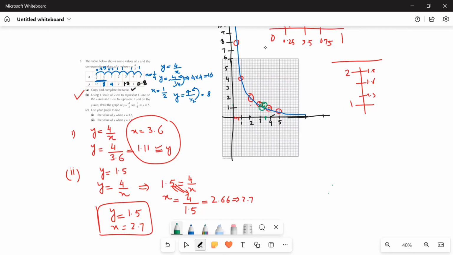The second point is x is 2.7, so it will be here. y is 1.5, so it will be here. So these are the 2 points on the graph.